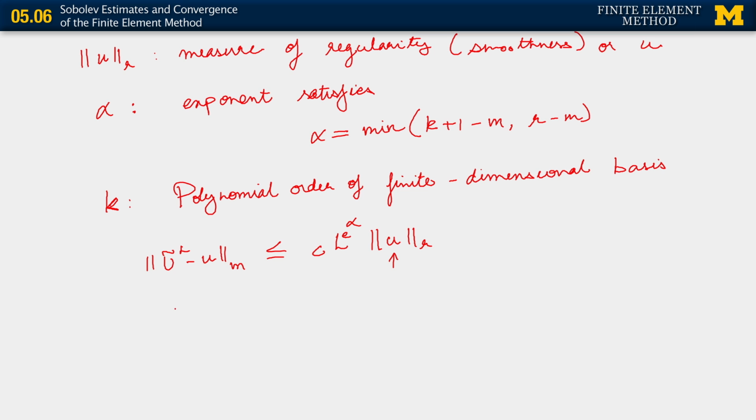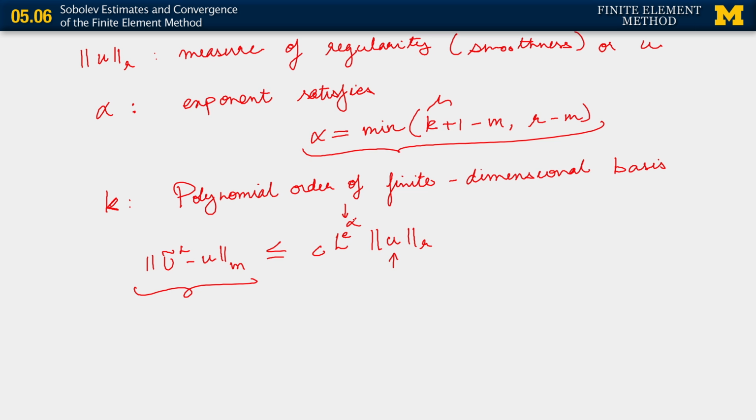What it means is that in this definition of alpha, r is going to be very big. Even though we're going to take m derivatives of the solution, and we're interested in knowing what the m norm of it is, if r is very big, what it says is that the size of our exponent is controlled by the polynomial order of the basis functions that we have. Okay.